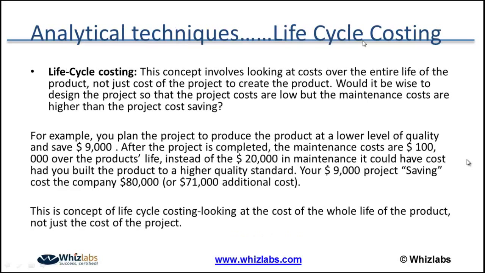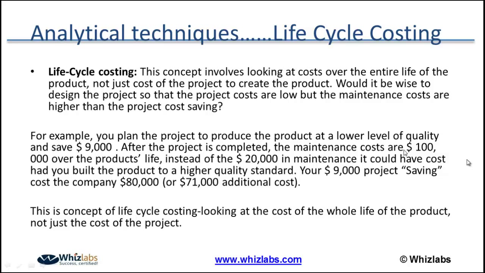Okay, let me give you an example. For example, a project produces the product at a lower level of quality, and you save 9,000. The project manager has cut some quality of the product. After the project is completed, the maintenance costs are 100,000.